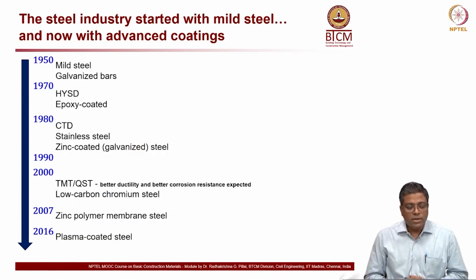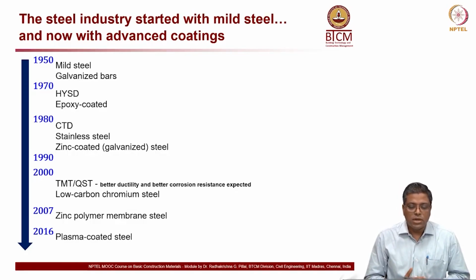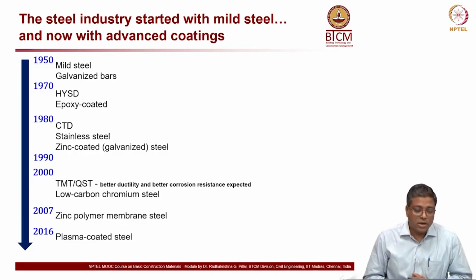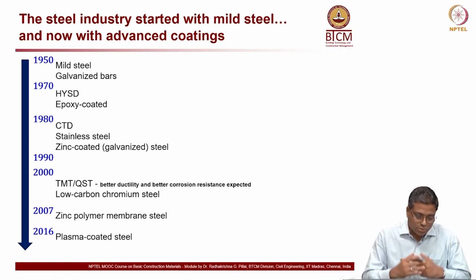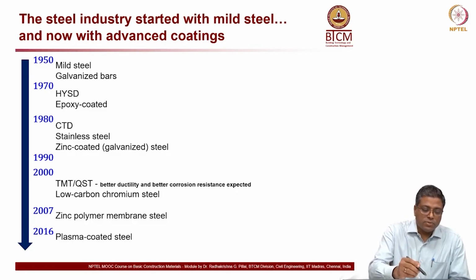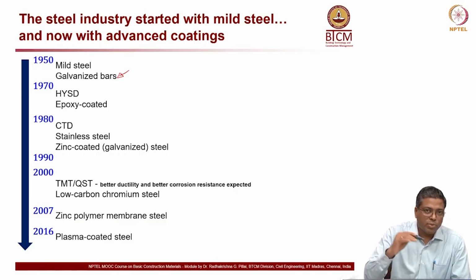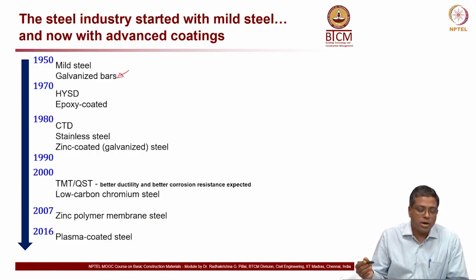Now let's look at how the steel industry evolved. This slide shows the steel industry started with mild steel in the 1950s. I'm not covering the things before, but just the last few decades. First we had mild steel in 1950, then galvanized rebars were introduced, but later on people stopped using galvanized rebar.